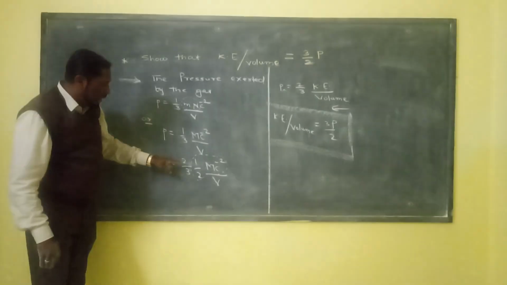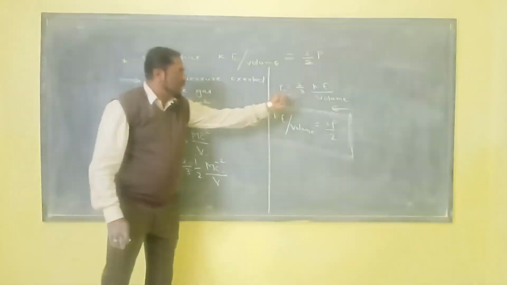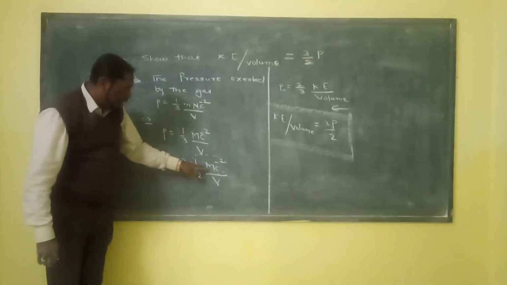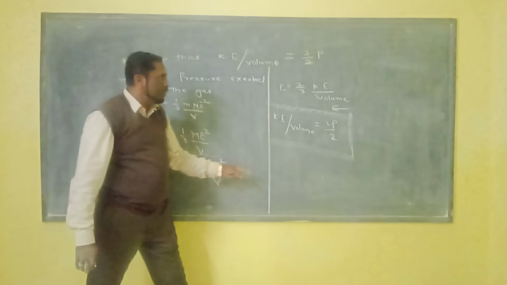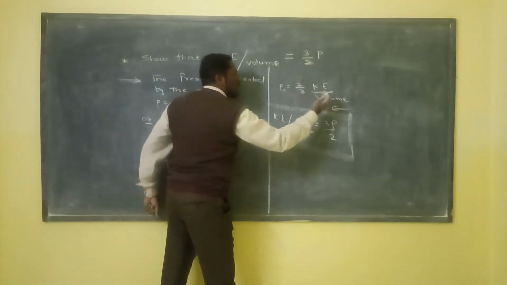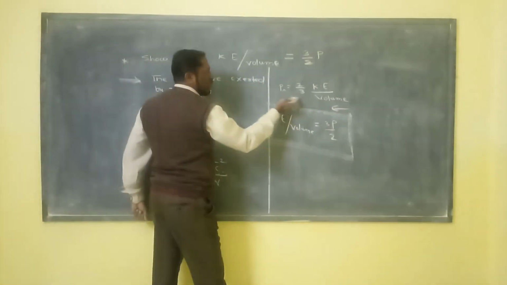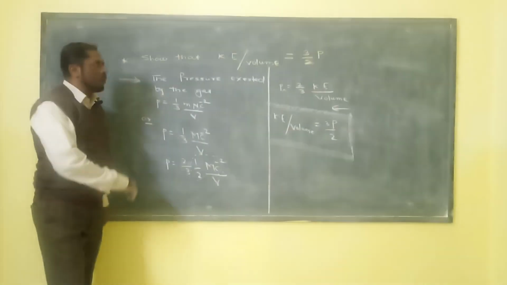So P is equal to 2/3 as it is, 1/2 m bar c square by V. 1/2 m velocity square is the kinetic energy, and V is the volume. So kinetic energy per unit volume is equal to 3P/2. Hence the proof. Watch it.